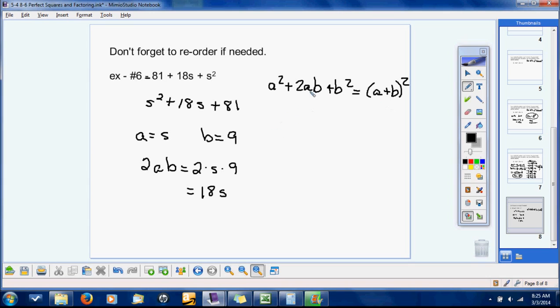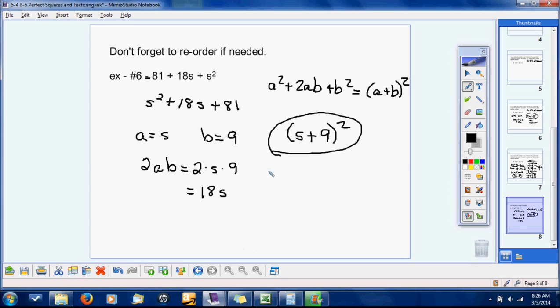Okay, so if I'm using this pattern here, my a is s, my b is 9, and it's a plus, so there's a plus there. So here's my factored form of this perfect square trinomial. Alright, so that's perfect square trinomials.